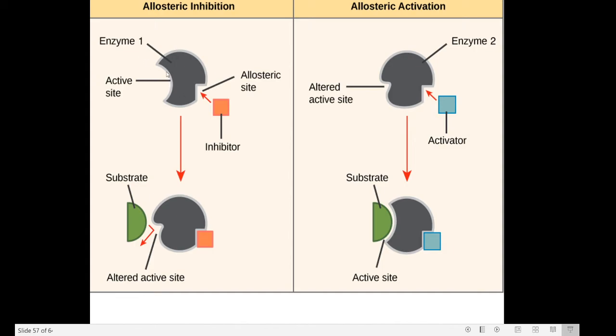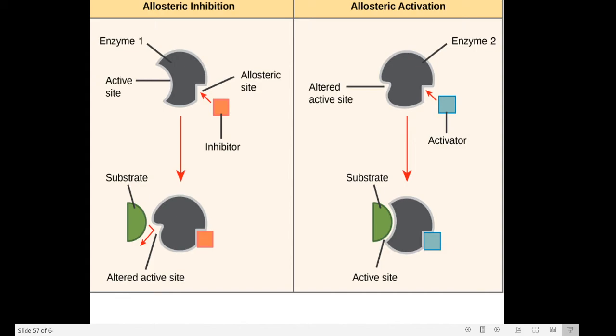This enzyme has an active site, which is the substrate binding site of the enzyme. If it is in active form, if it's a disease protein, the substrate binds at the active site. We want to avoid the binding of the substrate at the active site.